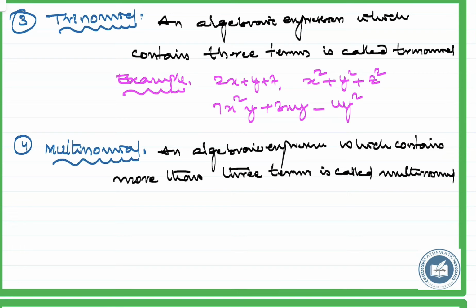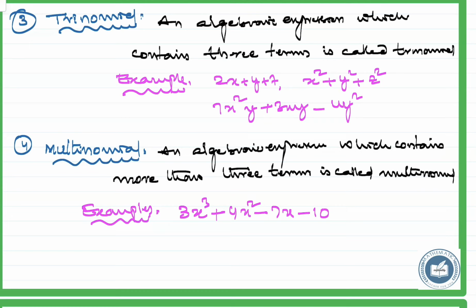Example for this, we can write 3x cube plus 4x square minus 7x minus 10. How many terms are there? 4 terms, more than 3 terms.